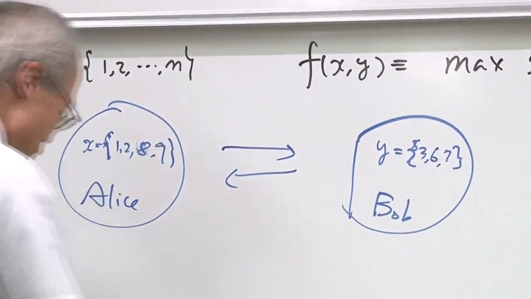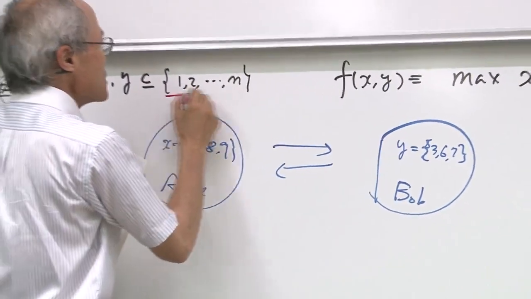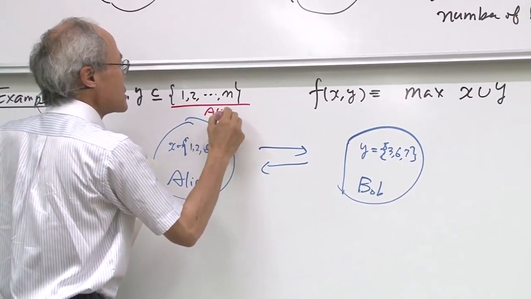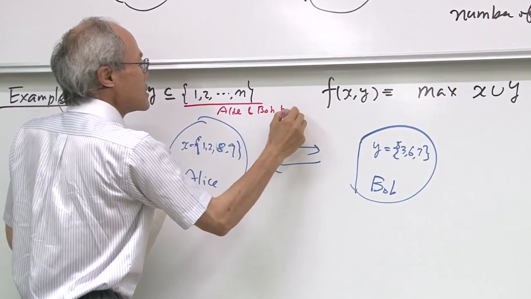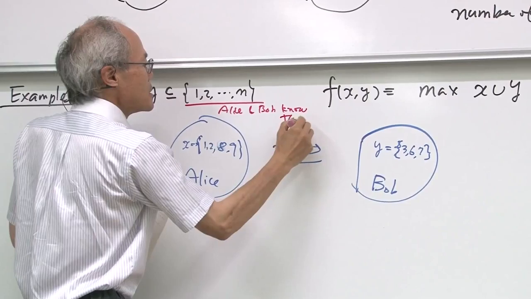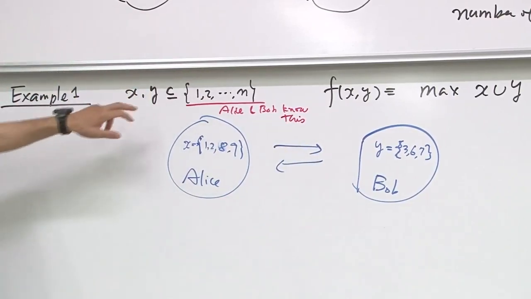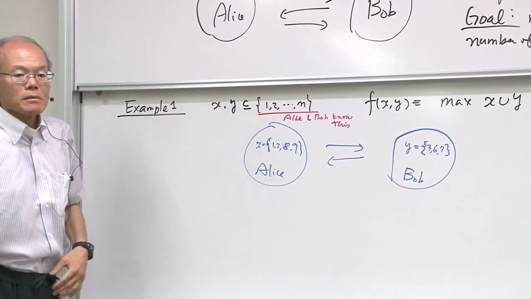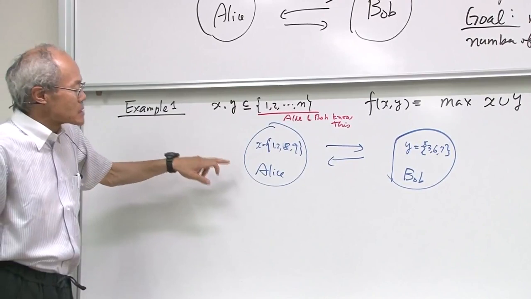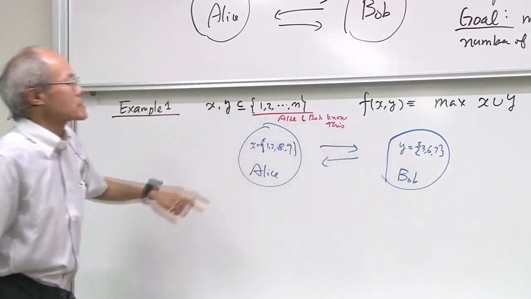And the important assumption is that Alice and Bob do know this ground set 1 through n, but Alice does not know Bob's y, and Bob does not know Alice's x.